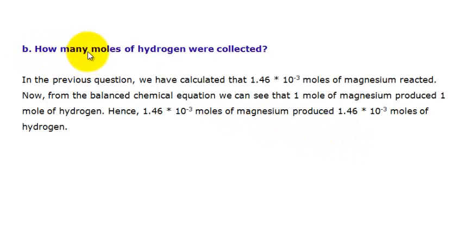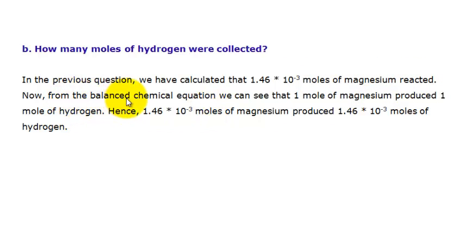B. How many moles of hydrogen were collected? In the previous question, we have calculated that 1.46 times 10 to the power of negative 3 moles of magnesium reacted.